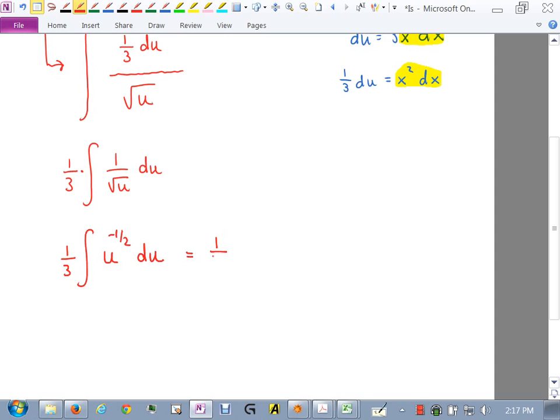So let me bring my 1/3 over here. This is like x to the n, isn't it? We've got this formula. So it'll be 1 over n plus 1, u to the n plus 1, because we're using u instead of x. So 1 over negative 1/2 plus 1, u to the negative 1/2 plus 1, plus a constant of integration.